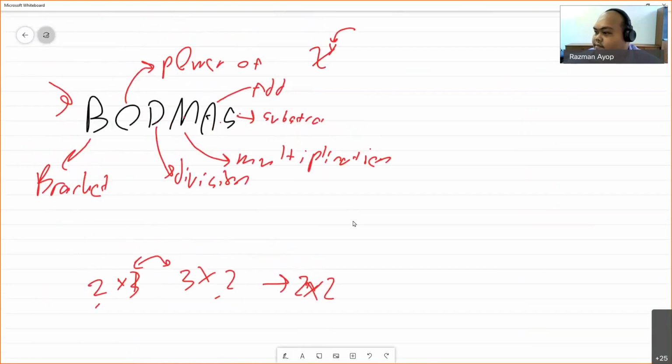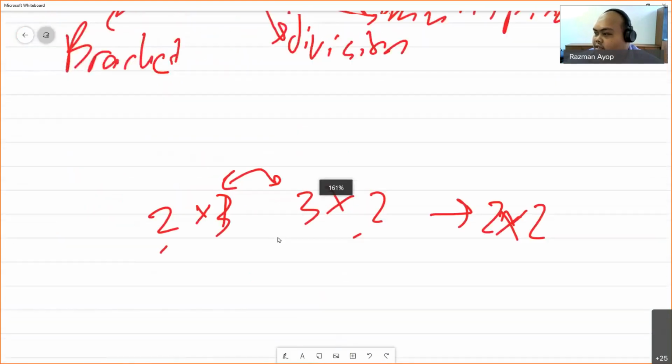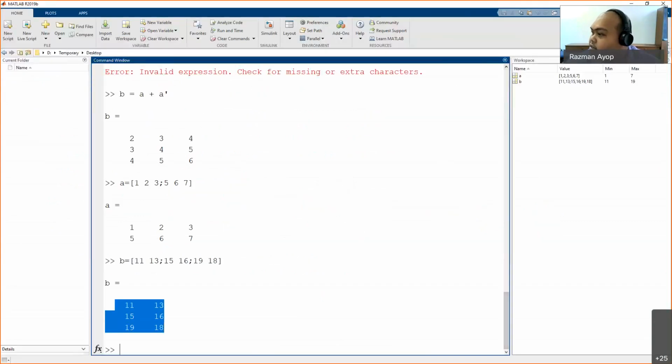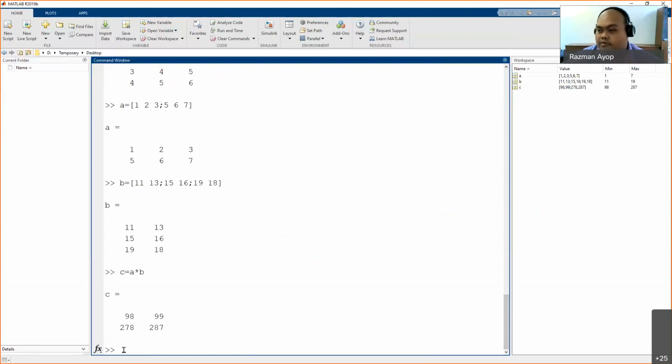Focus on this one. If you look at the center, make sure that the matrix size is the same when you do matrix multiplication. And when you want to get C equals to A multiplied by B, you will get a 2 by 2 matrix.